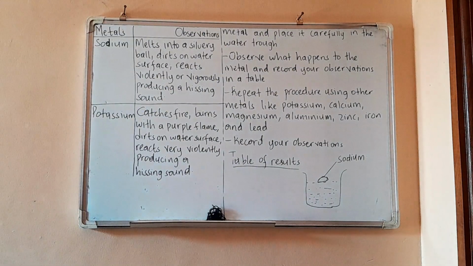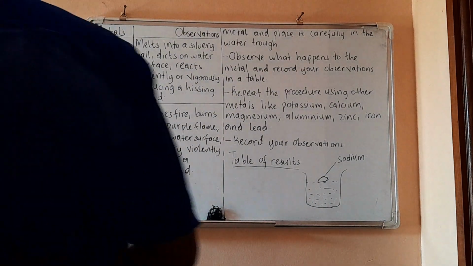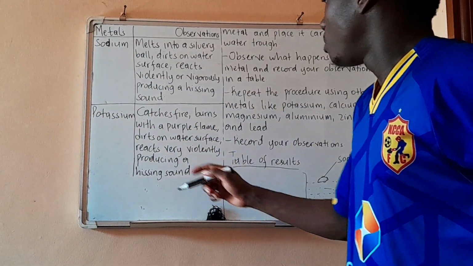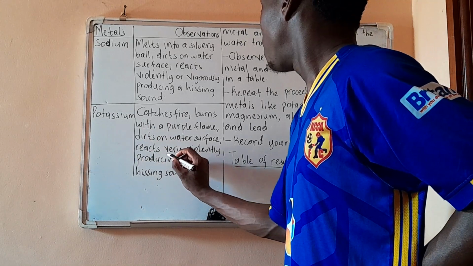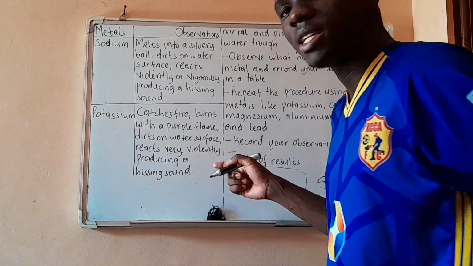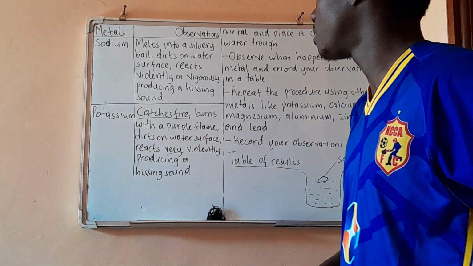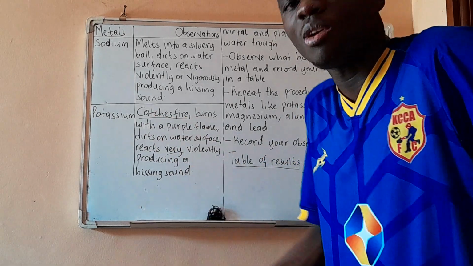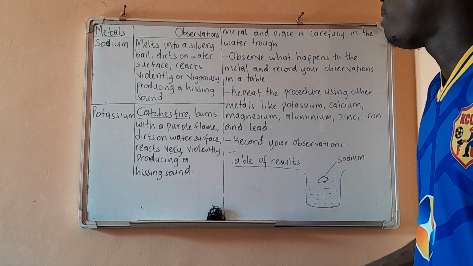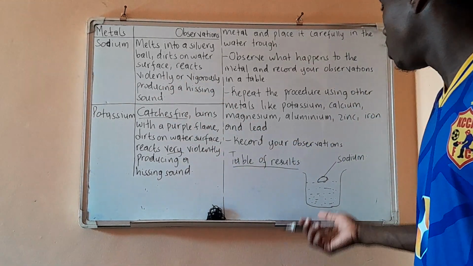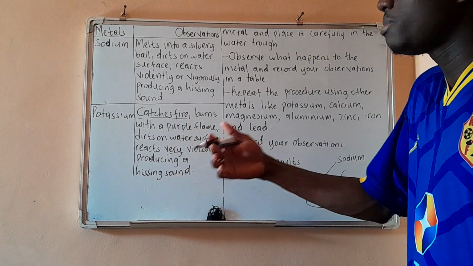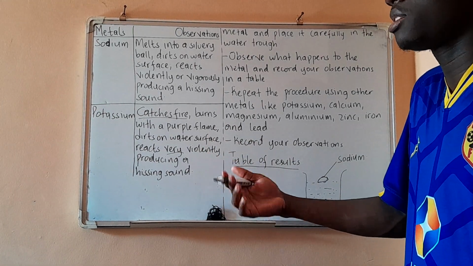So what is the difference? Potassium reacts very violently or vigorously, and it even catches fire if you use a small piece of potassium. But sodium, when you use a small piece, will just melt into a silvery ball and react vigorously.